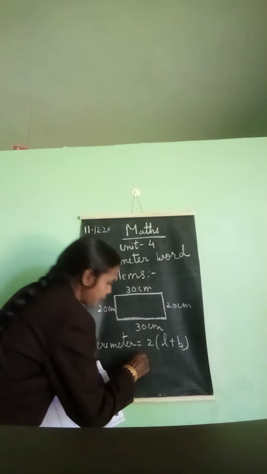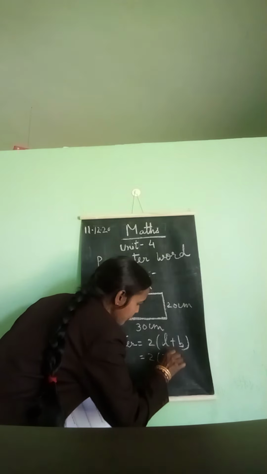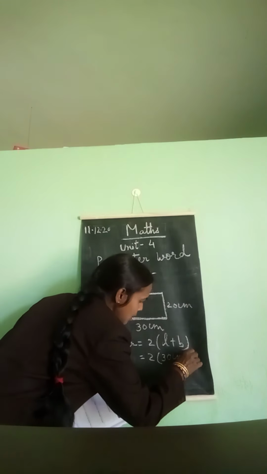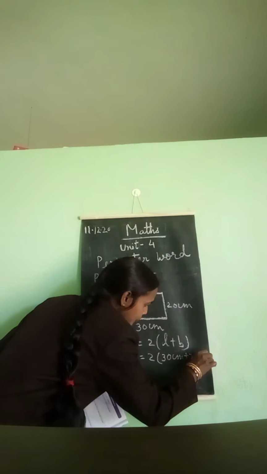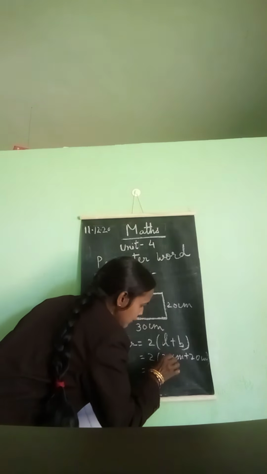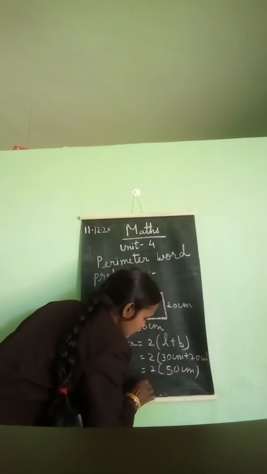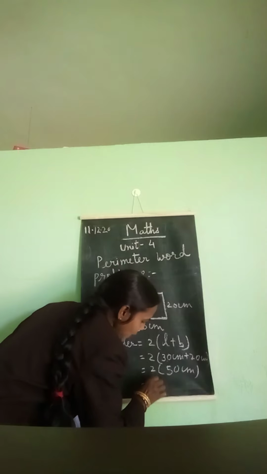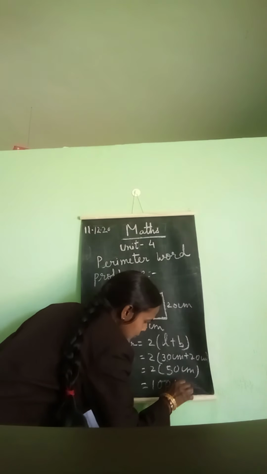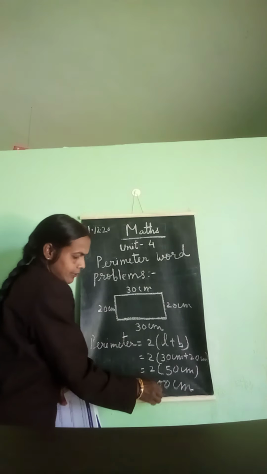That perimeter would be the total length of the wooden frame needed to frame the picture. Here length is 30 centimeter and breadth is 20 centimeter. So 30 plus 20 is 50 centimeter. Then 2 into 50 is 100 centimeter. So the perimeter of this picture is 100 centimeter.